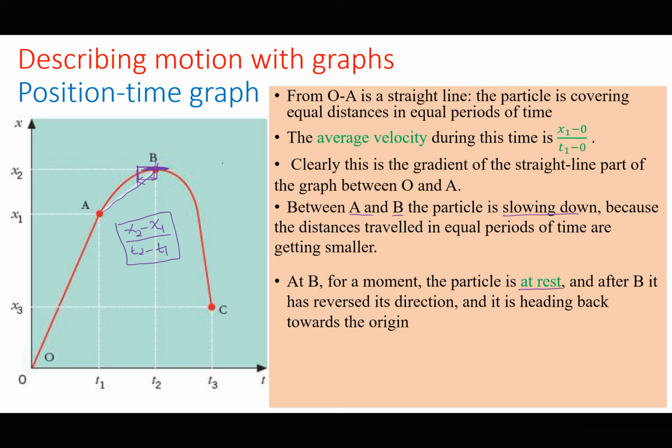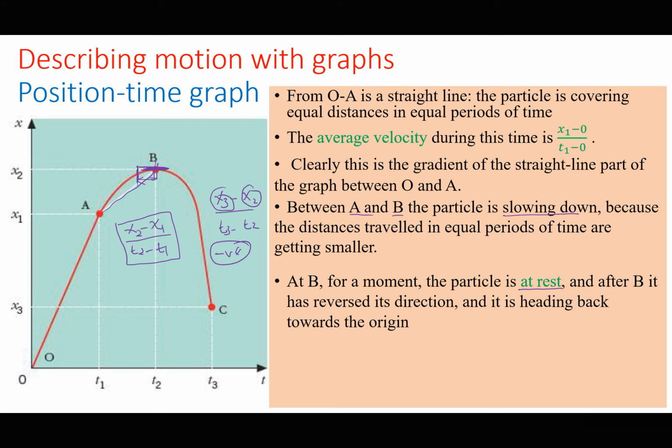If I wanted to find the average velocity from B to C, that would be x3 minus x2 divided by t3 minus t2. But you notice that x2 is bigger than x3, which means that the average velocity is going to be a negative value.